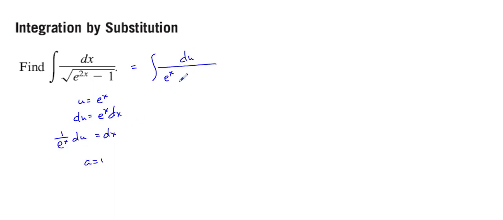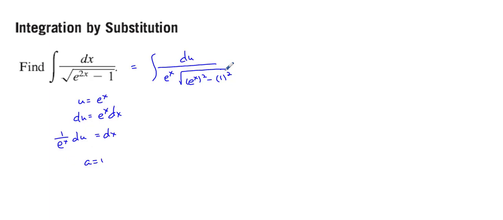And then we have square root of e to the x quantity squared minus 1 quantity squared. Is that an arc sine one? That looks like an arc secant one, doesn't it?